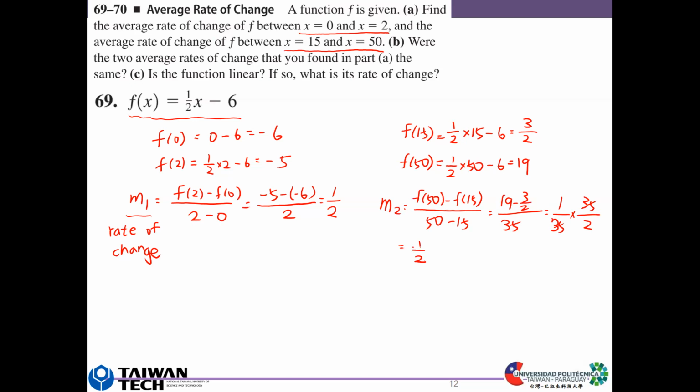And you can notice these two rates of change are the same. So, which means the rates of change are the same for a linear function.